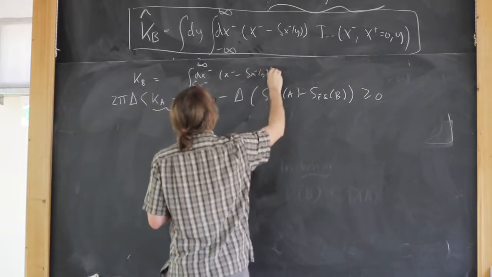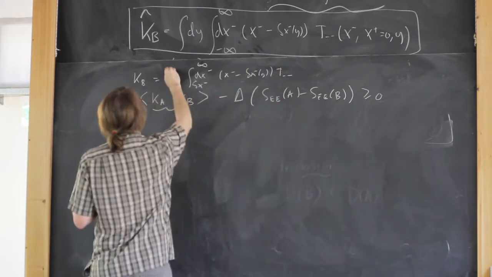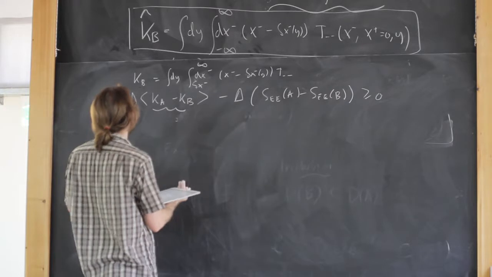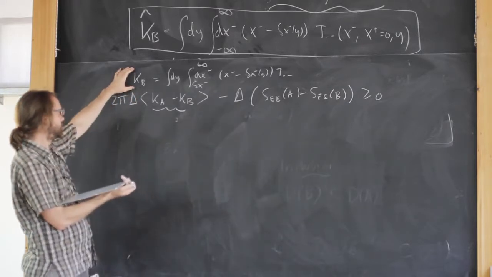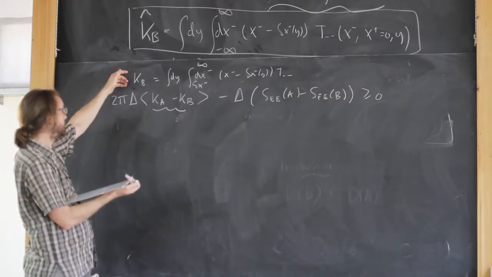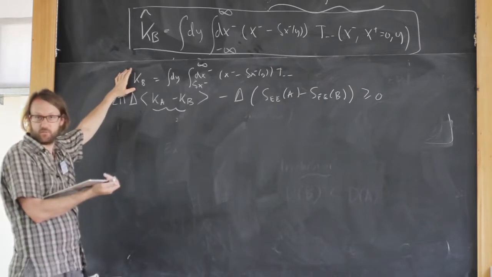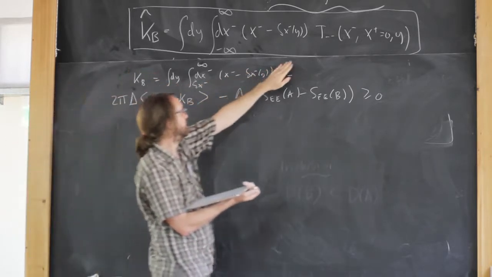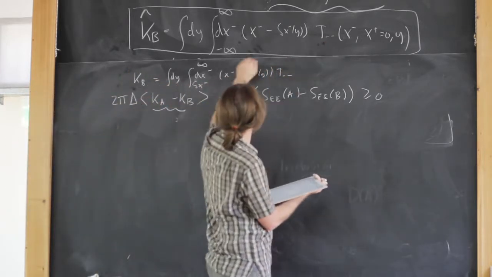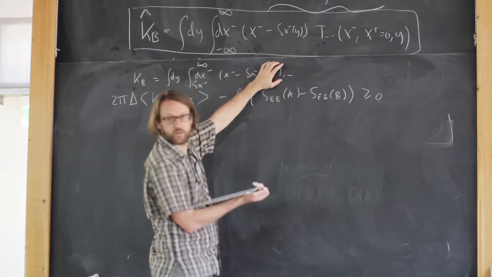That makes sense because the full modular Hamiltonian is a difference of two modular Hamiltonians, and each one acts within the region. And the stress tensor here is only acting, this part of the integral is only acting within the B region.